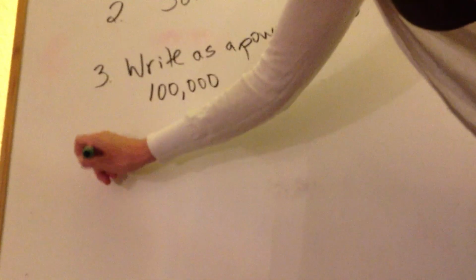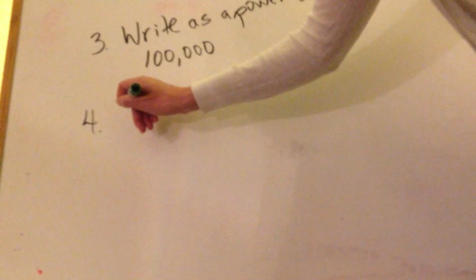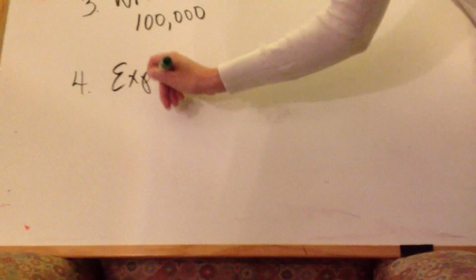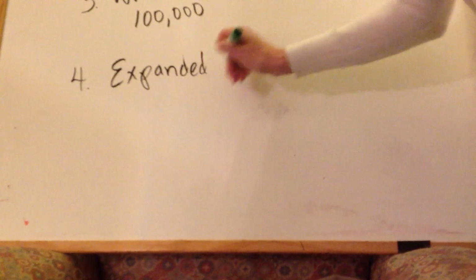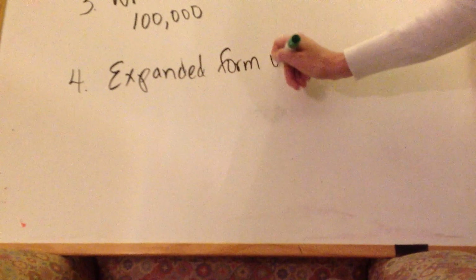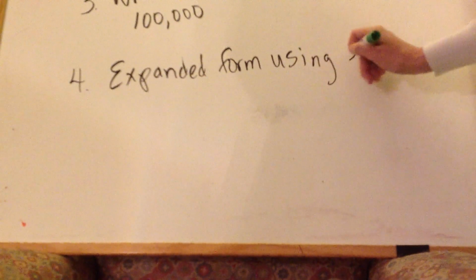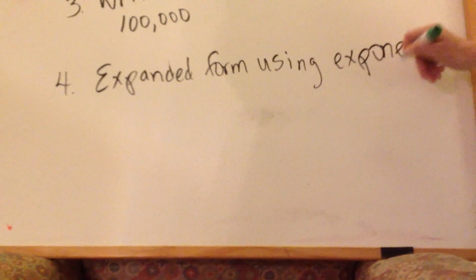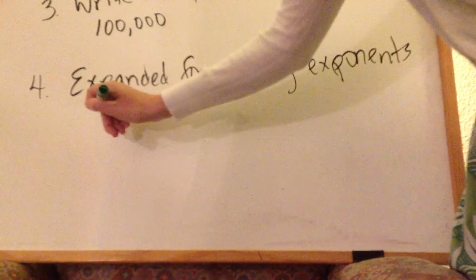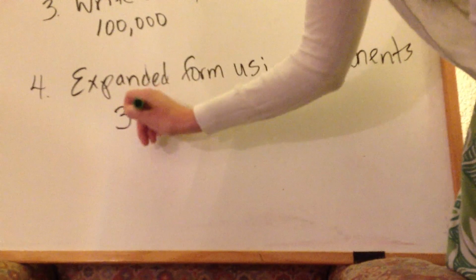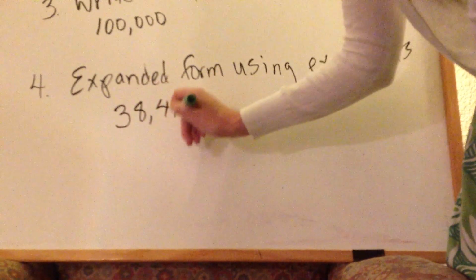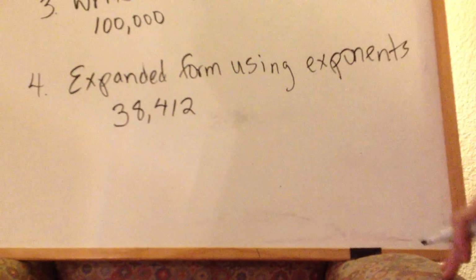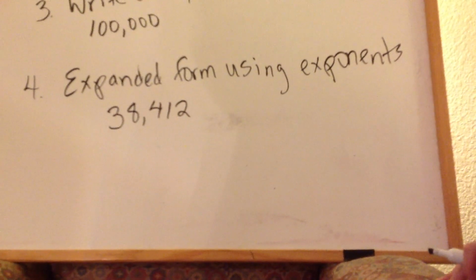And the last one I want you to do is teach them how to write this in expanded form using exponents. You need to teach them how to write this number in expanded form using exponents, and then you check that they do it right.